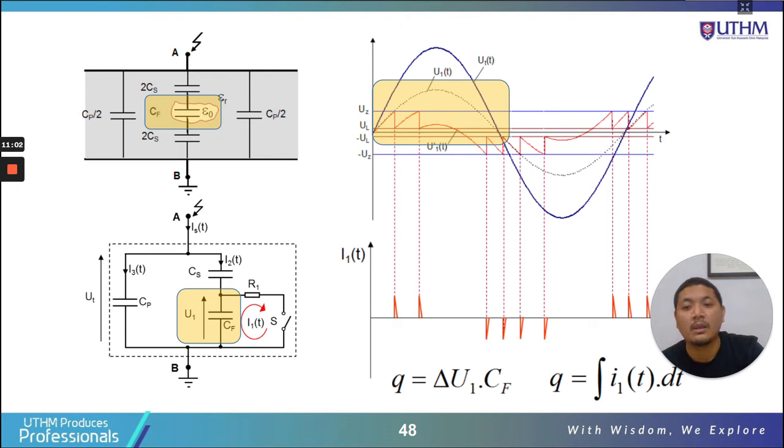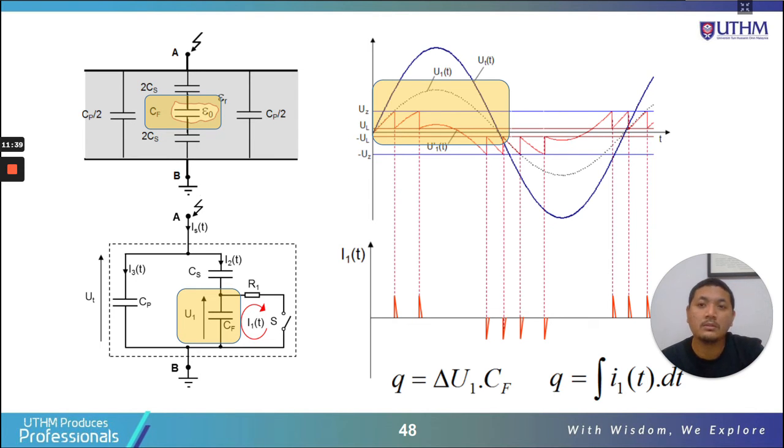We represent it here with Cp over 2, the same Cp over 2, and this is 2Cs, and this is Cf. Epsilon r is the permittivity of the solid insulation, and this area is the void, the cavity or air pocket, represented by epsilon 0, the permittivity of air.